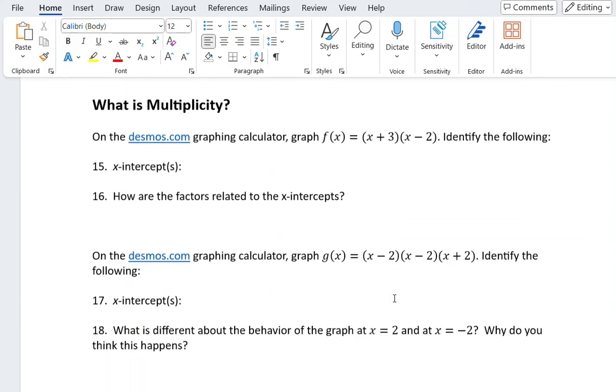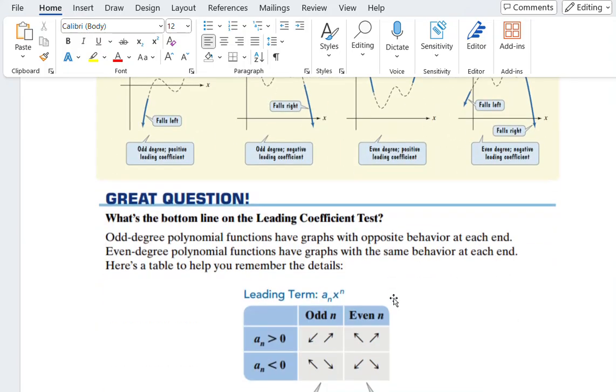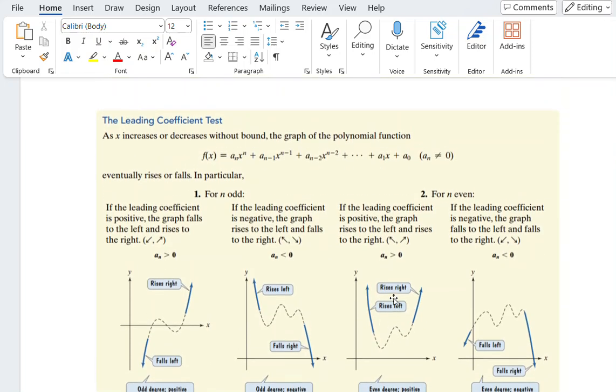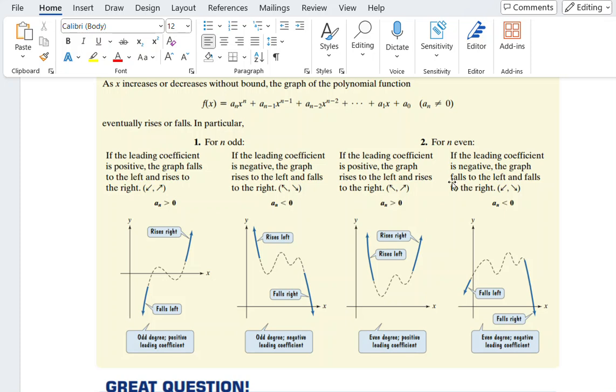So when I go to the very bottom of the activity, past all of the other parts that we're going to do, on the last page, there are two boxes, and these show the different situations that you have for end behavior. So if n is odd, where n is the degree or the largest exponent, then I have two possible situations: odd degree and positive leading coefficient, odd degree and negative leading coefficient.